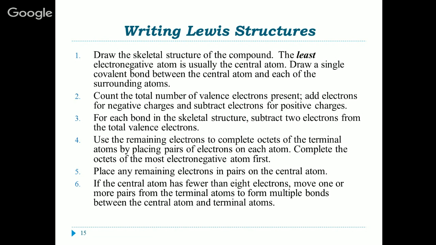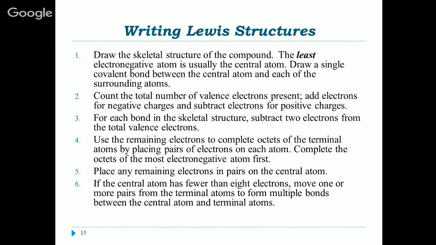The goal is to make sure that if you are an atom that needs to have 8 electrons to be stable, that you have your 8 electrons. Hydrogen will only, at a max, have 2 electrons. Why? Because it only has a 1s orbital, and that can only hold a max of 2 electrons. So any remaining electron pairs go on the central atom.